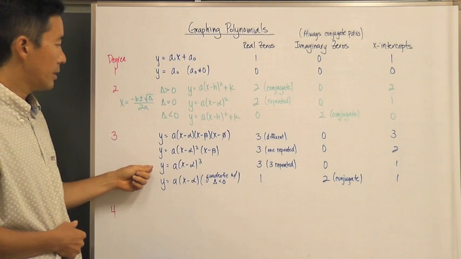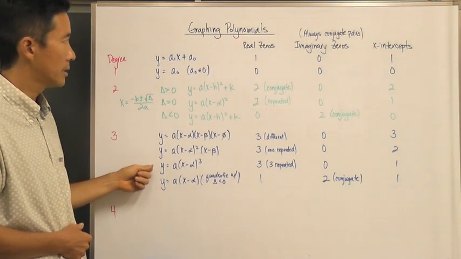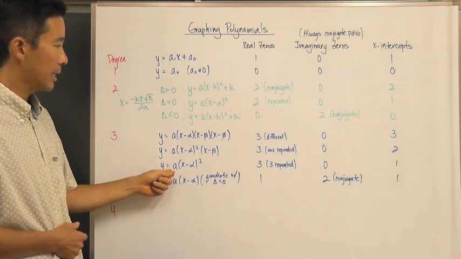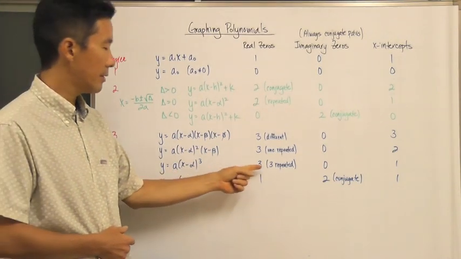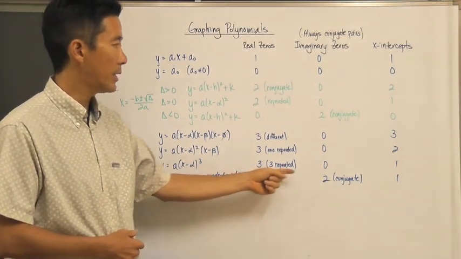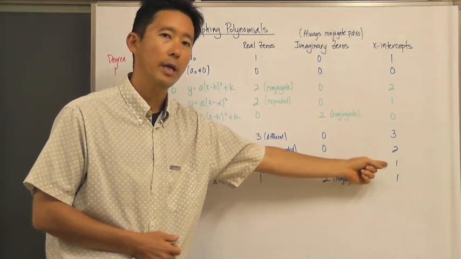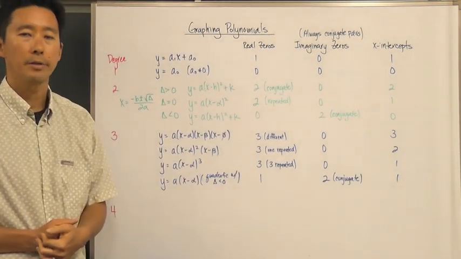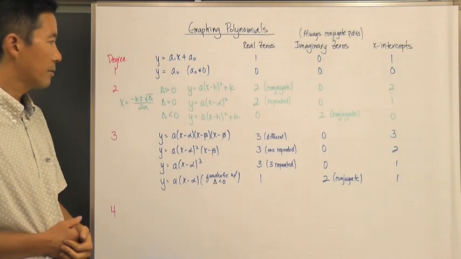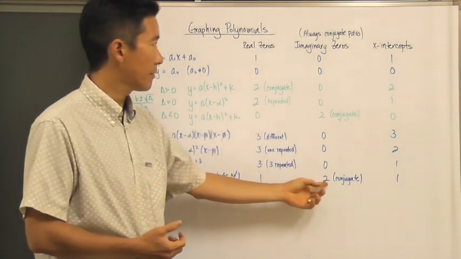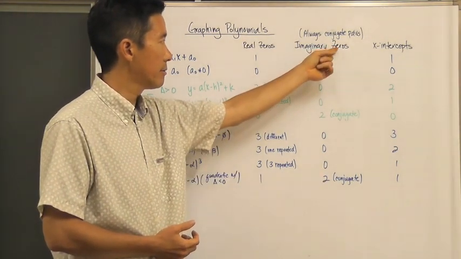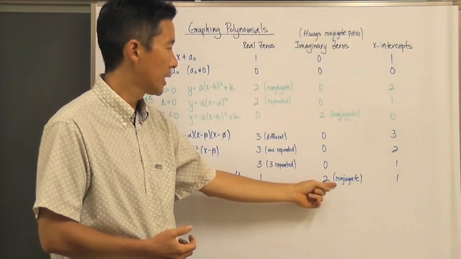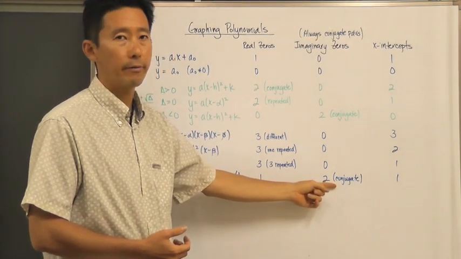And then we have the 3 repeated situation, which looks like this. Notice that we still have 3 real roots, all of them repeated, which means that there's only 1 x-intercept that shows, and again there are no imaginary zeros. Now, the only other situation that can happen, being that our imaginary roots always come in conjugate pairs, is that there are 2 imaginary roots.